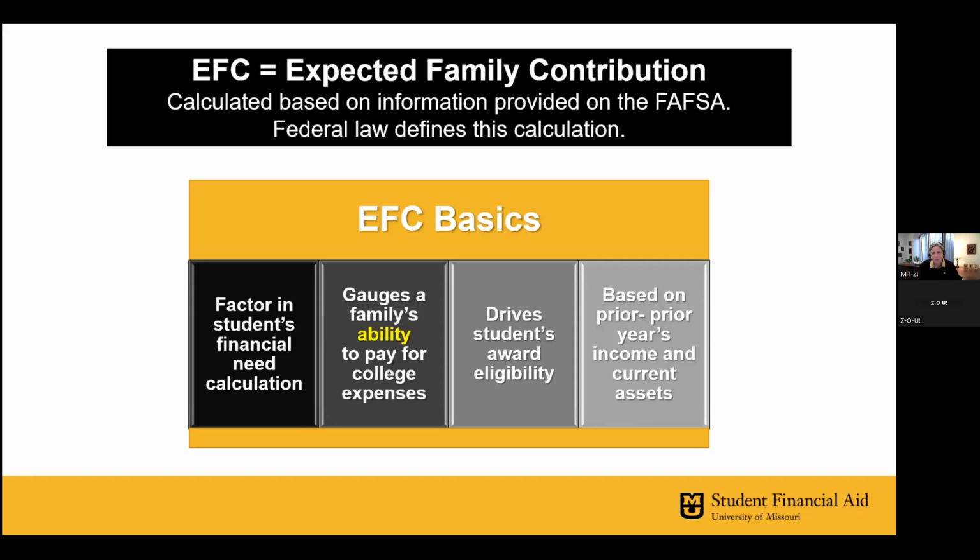Sometimes divorced situations also can impact that EFC. But if there's a significant change in your financial situation from the time you complete the FAFSA based upon that prior year's tax information, please call us and we will have a conversation with you. And we have an appeal process that you can follow called the Special Circumstances Appeal. And we can see if we can change that EFC for you.